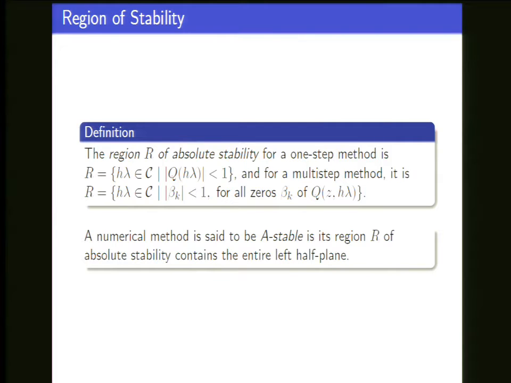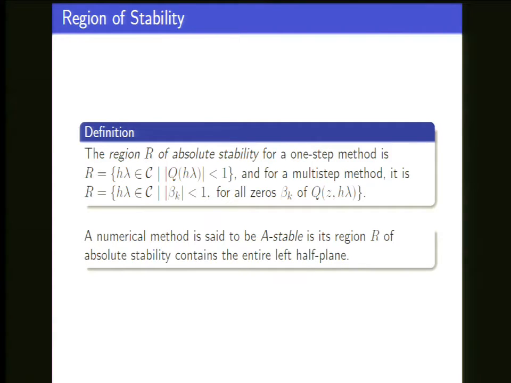So to find the stability region of this, first you find this Q of h lambda, and you do it by just looking at the model problem, always. So y prime equals f equals lambda y, and you just plug it in.